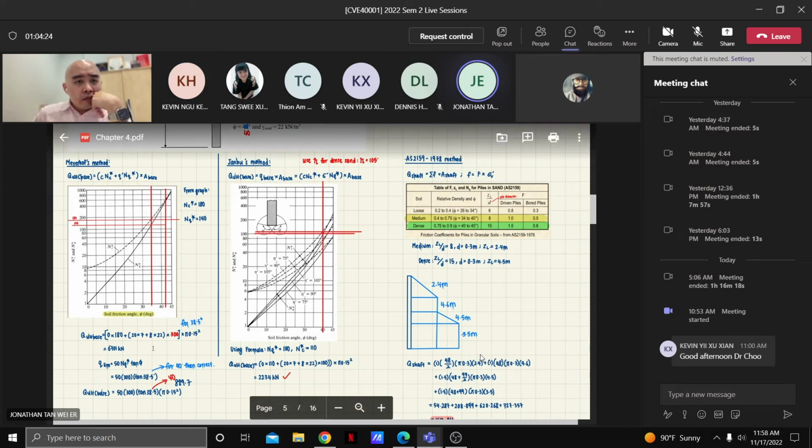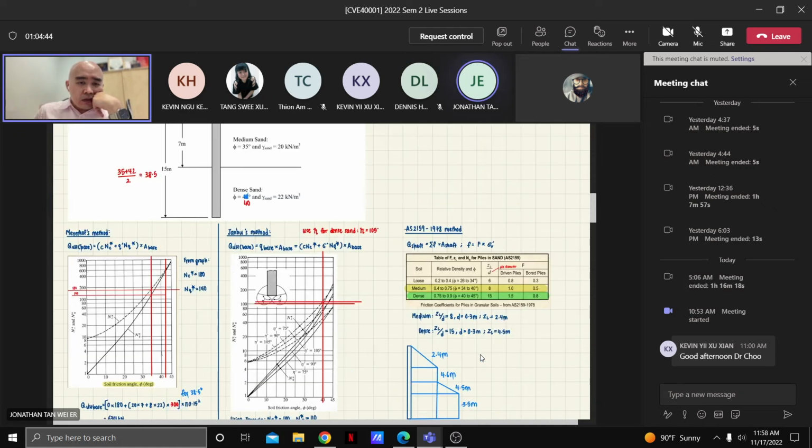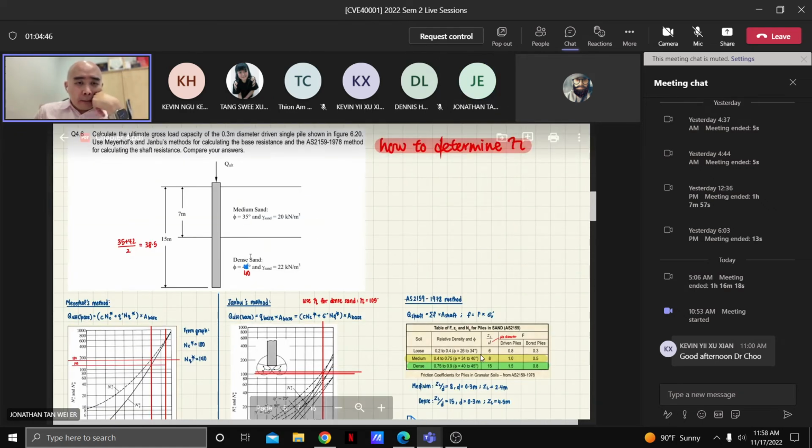But if we use 40, then we'll be wrong. It's fine. Just use according to the value that is given in the question. Oh, so if there are two values, then we just use the bigger one, is it?